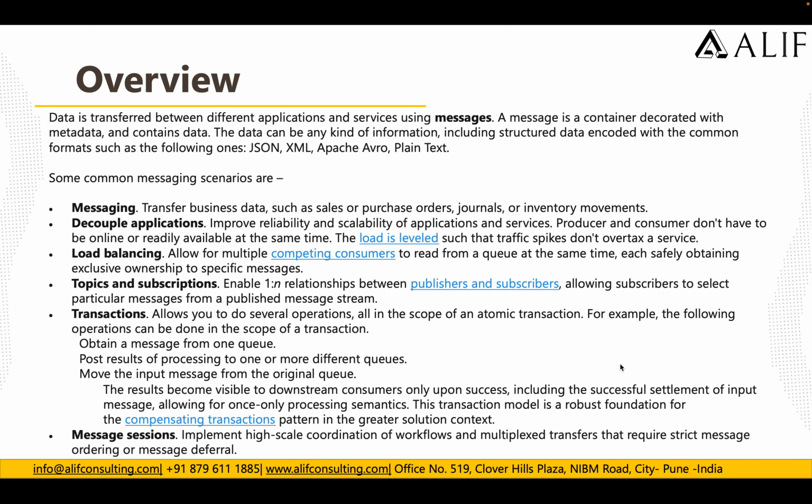Producer and consumer don't have to be online or available at the same time. Then load balancing: allow multiple competing consumers to read from a queue at the same time, each safely obtaining exclusive ownership of specific messages.